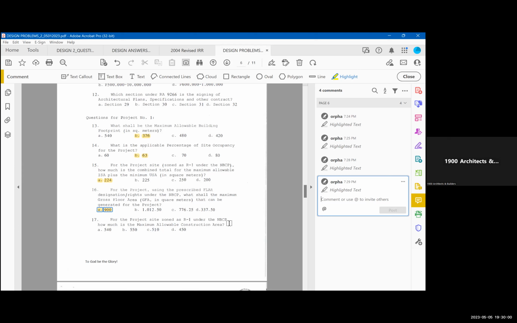Okay, number 17. For the project site zoned as R1 under NBCP, how much is the maximum allowable construction area? Ang MACA, maximum allowable. Actually, mahahanap nyo lahat yan doon sa Figure 8.1. May mga formulas na nakasulat dito.